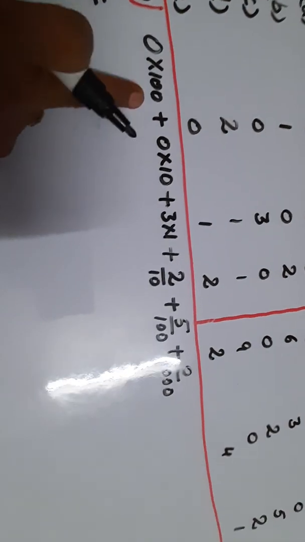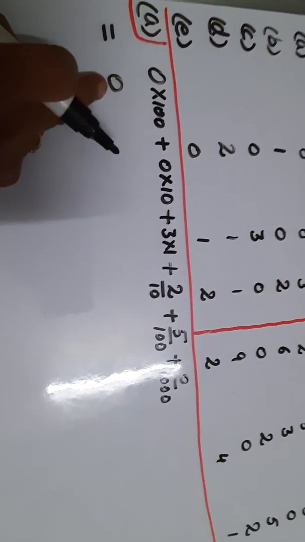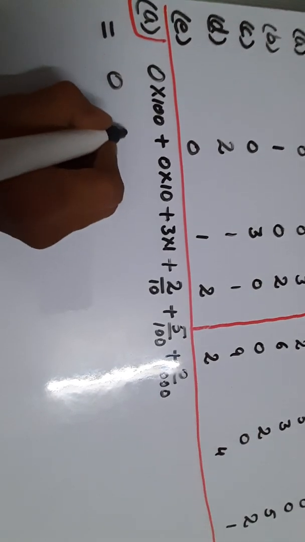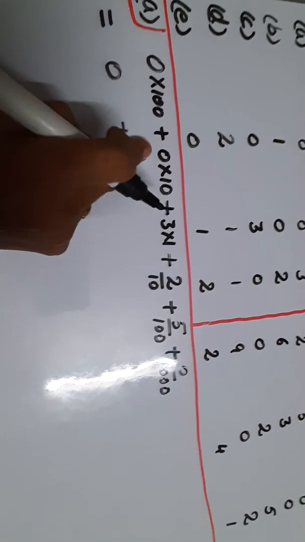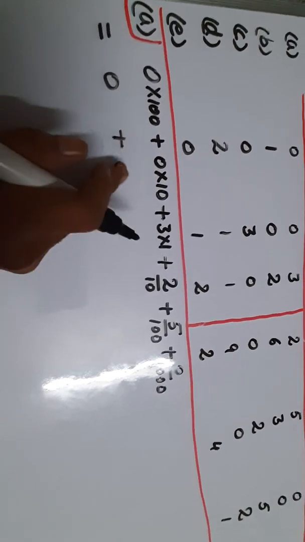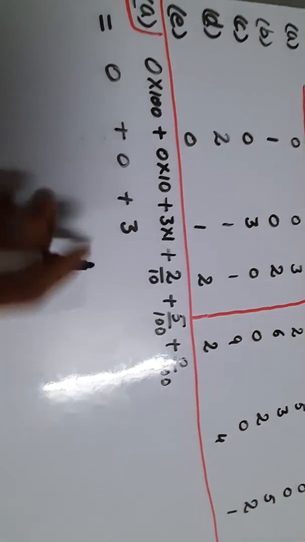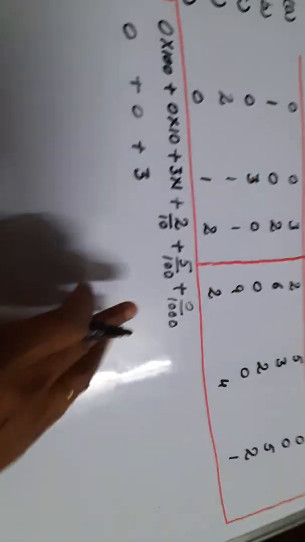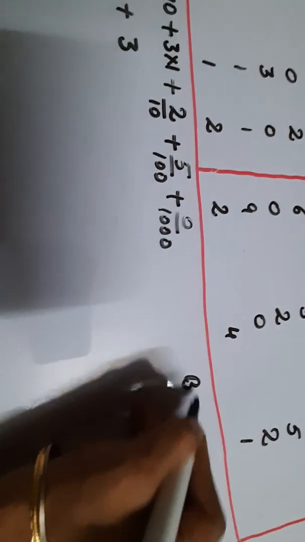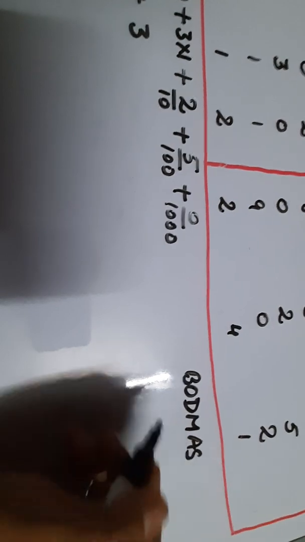As you know that 0 multiplied by anything is 0. So 0 multiplied by 100 is 0, plus 0 multiplied by 10 is again 0, because 0 multiplied by any number is 0, plus 3 ones are 3. And dear students, remember while doing multiplication and addition use the BODMAS property. You might have heard it in your junior classes. What do we mean by this property?